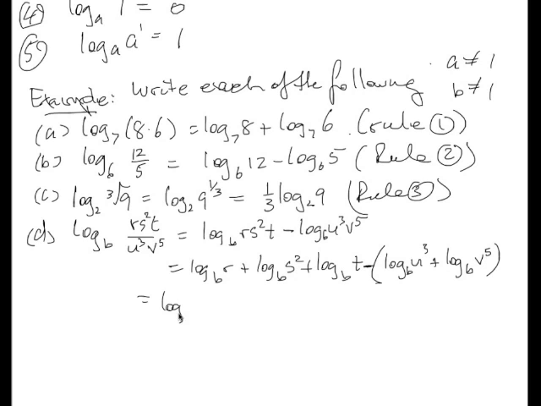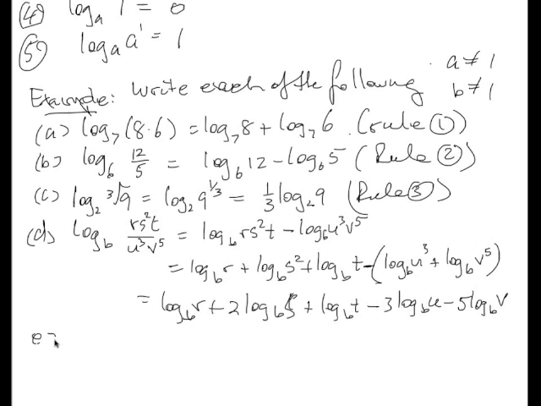So this is going to be log in base B of R, bring the power rule into play, so we have 2 times log in base B of S plus log in base B of T minus, bring the power rule in, I'm going to distribute now, so it's 3 log in base B of U minus 5 log in base B of V, and there we have it. So notice we've taken this complicated product and quotient and turned it into sums and differences.